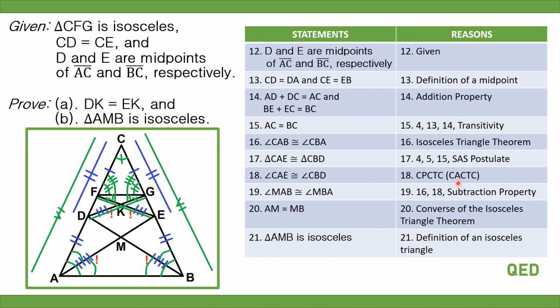Statement 19, angle MAB is congruent to angle MBA by the subtraction property using statements 16 and 18. Statement 20, AM is equal to MB by the converse of the isosceles triangle theorem. Finally, we have arrived at letter B of our conclusion. Triangle AMB is isosceles by the definition of an isosceles triangle, QED.